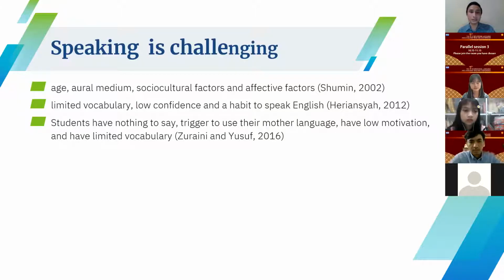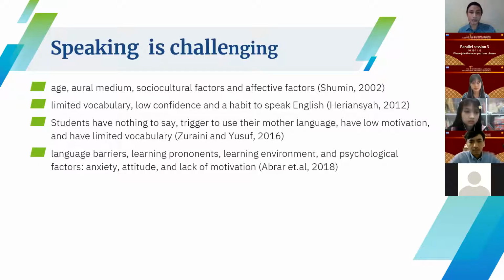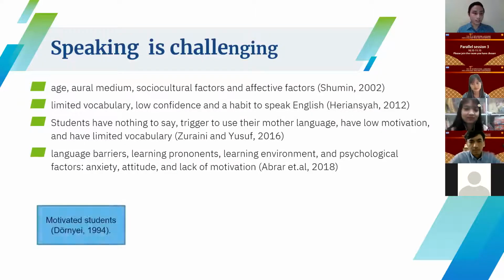They are triggered to use their mother tongue, have low motivation, and have limited vocabulary. Aber et al. in 2018 stated that language barriers, learning proponents, learning environments, and psychological factors such as anxiety, attitude, and lack of motivation become the factors that make speaking challenging. And therefore, Johnny stated that in order to make students want to learn English, they have to be motivated.